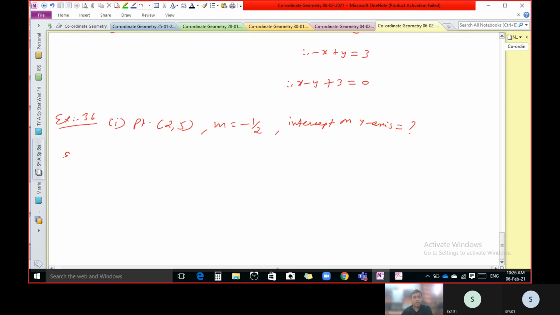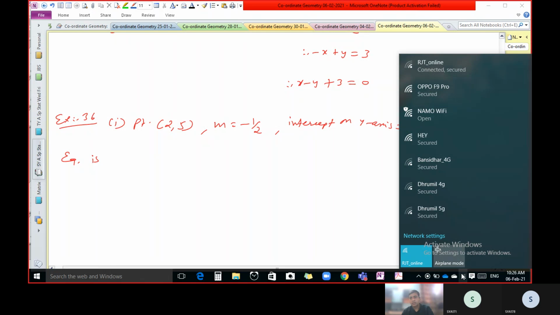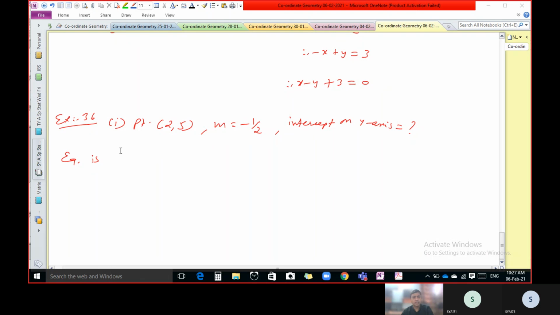Which formula do we have to use when a point and slope are given? y minus y1 is equal to m into x minus x1.